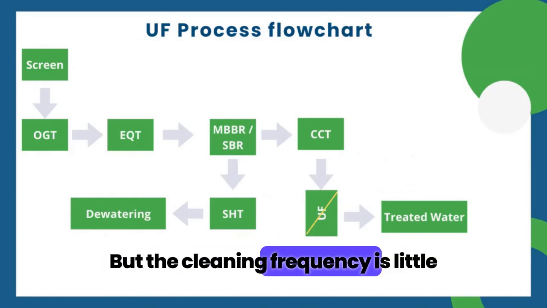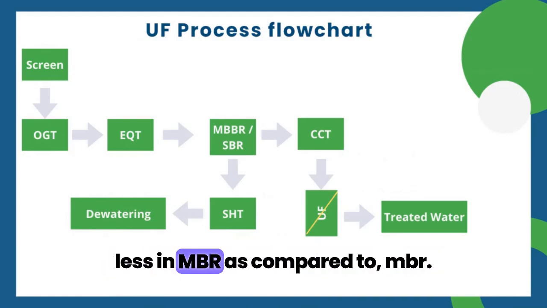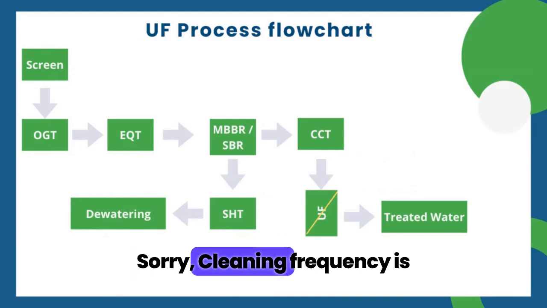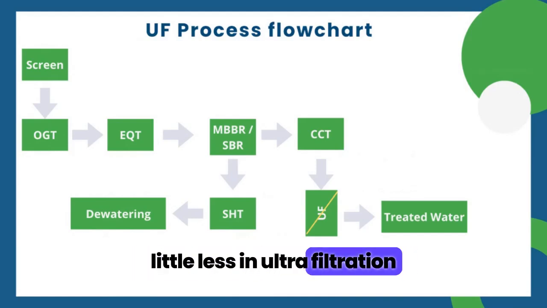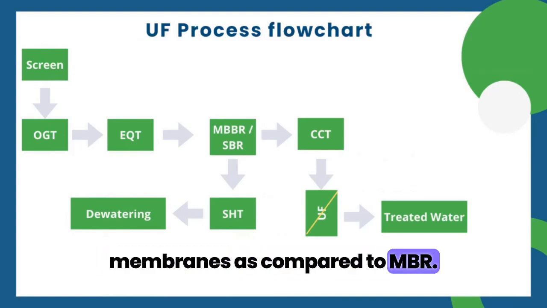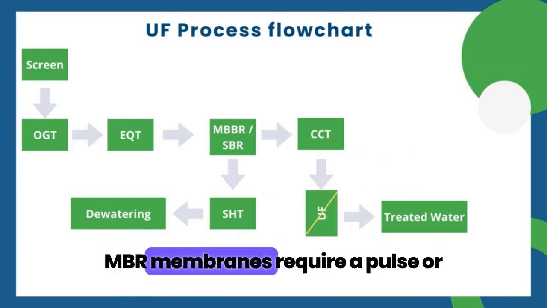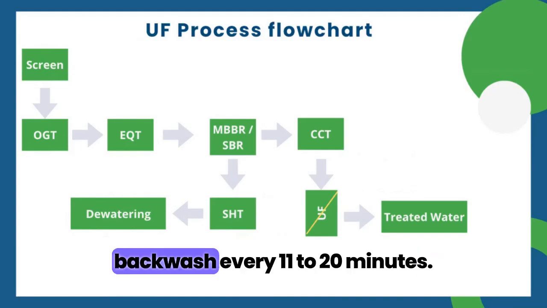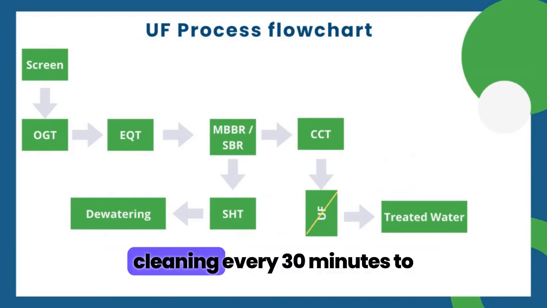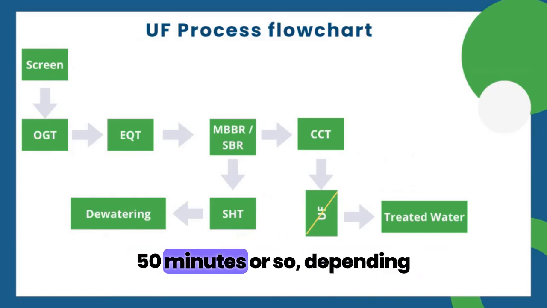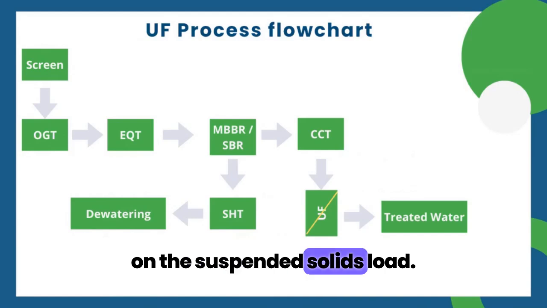But the cleaning frequency is little less in ultrafiltration membranes as compared to MBR. Okay, MBR membranes require a pulse or backwash every 11 to 20 minutes. Ultrafiltration membranes require cleaning every 30 minutes to 50 minutes or so, depending on the suspended solids load.